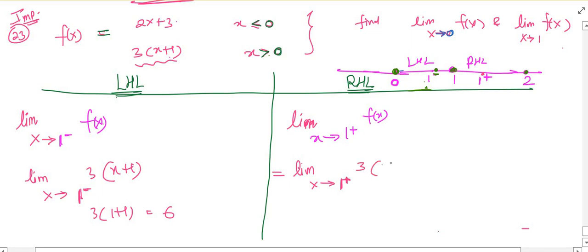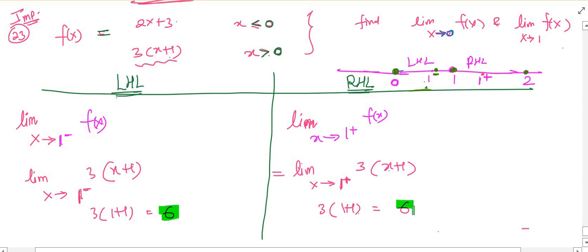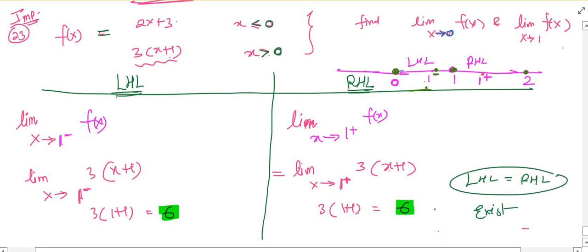So I am taking 3 times x plus 1. Then put 1 here directly. 3 times 1 plus 1, 3 twos are 6. So you can see both sides we are getting the same value. So write down LHL is equal to RHL. So that means the limit will exist. Yes, it will exist. And what will be the answer? The limit value will be 6.